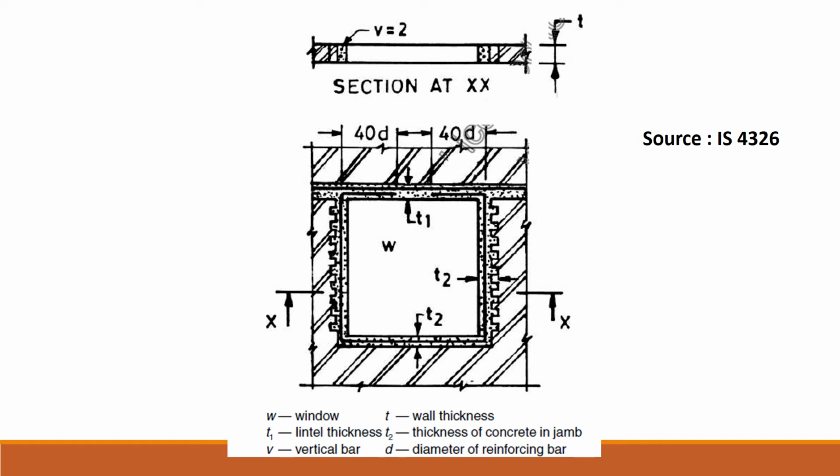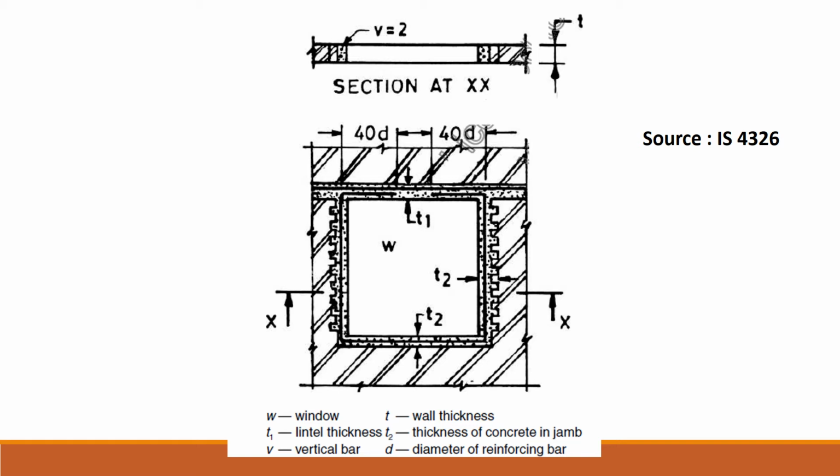If the opening of the wall is not strictly complying with IS 4326, and the building has already been built, the option left with us is seismic strengthening. In seismic strengthening, we provide a layer of reinforced concrete around the opening.